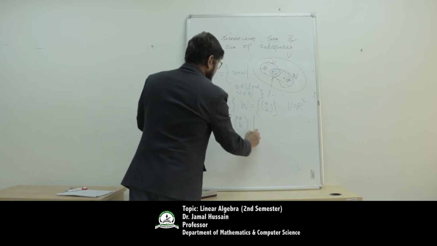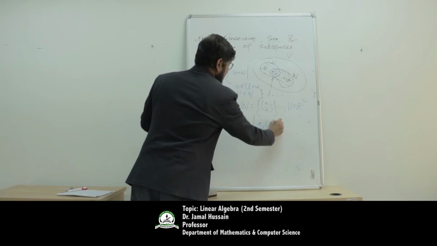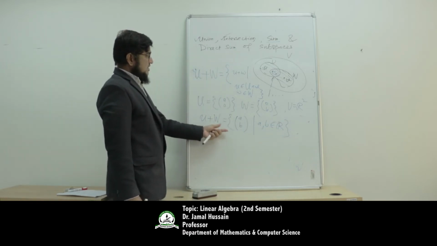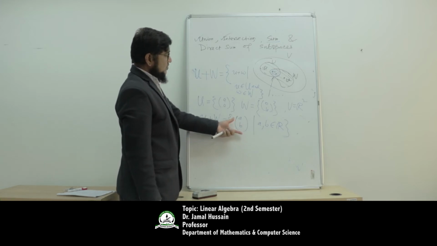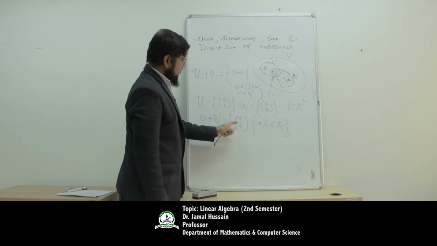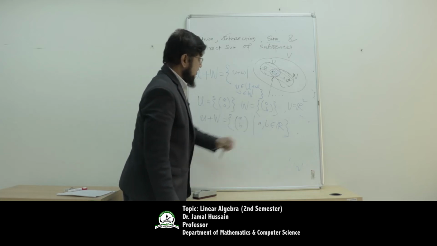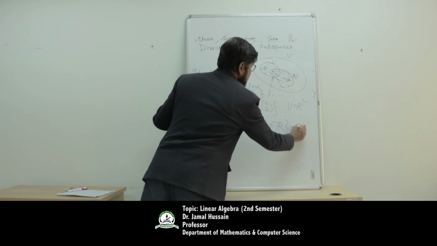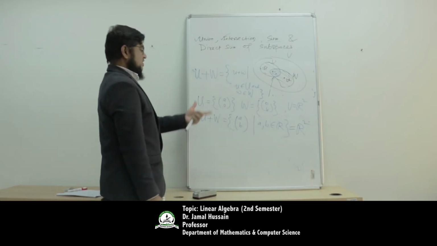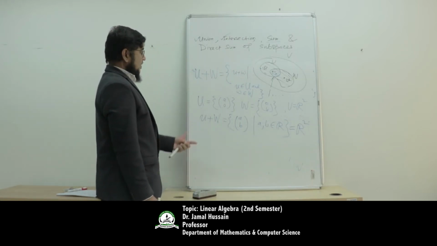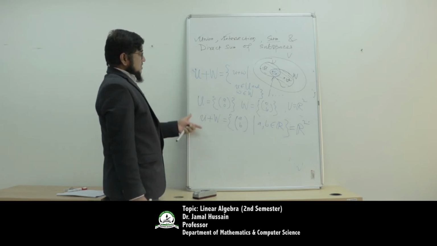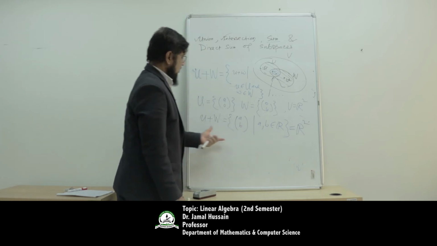So we will get this where both a and b are real numbers. Now see what this is. It is vectors of this form, where a and b are any real numbers. This is nothing but the whole space R squared. This is our V. So this is an example of a subspace.